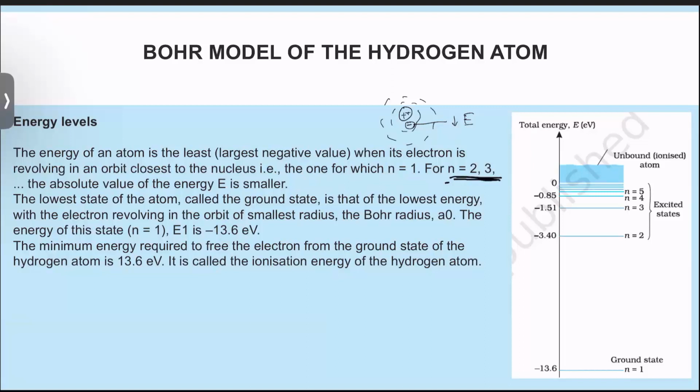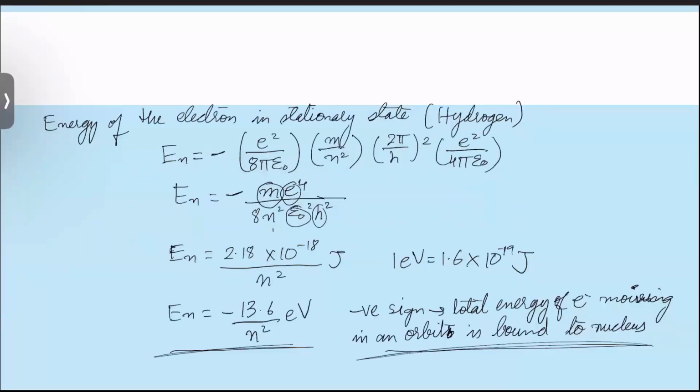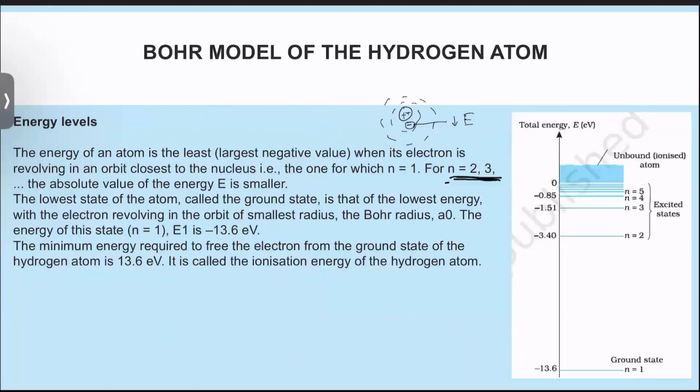So larger energy will be seen in electrons which are in the outer orbits. Again, if you have the Bohr radius A0, the energy of this state is going to be the least, as we already saw. If we use this expression, it will be minus 13.6 electron volts.